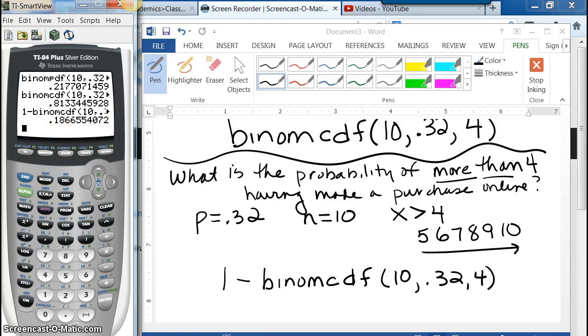So you can use the CDF to get answers for things that need to accumulate the other way, but you have to be careful about what number you put back here.